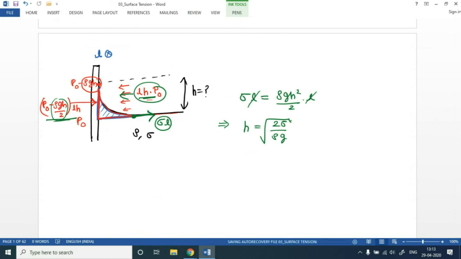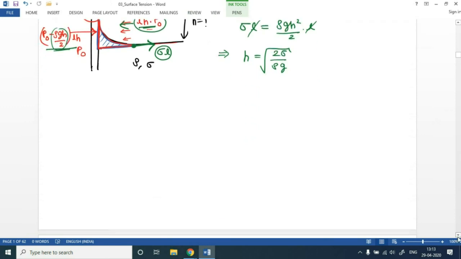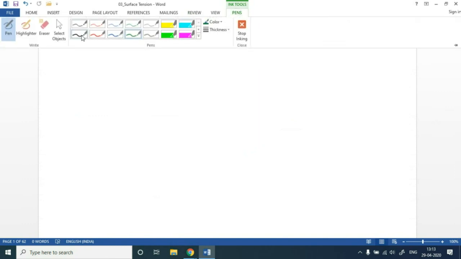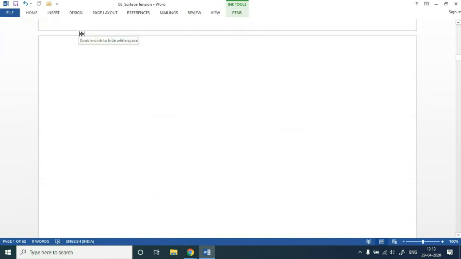So these were some questions we discussed with the help of the concept of surface tension force, and in these problems we took the force balance in order to get the unknowns. Now let's look into one more concept, and that is something called excess pressure inside a surface having two curvatures.